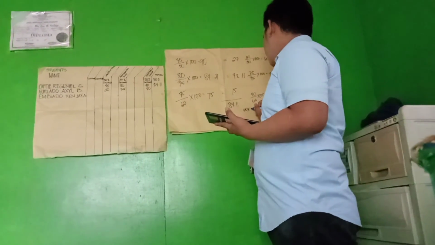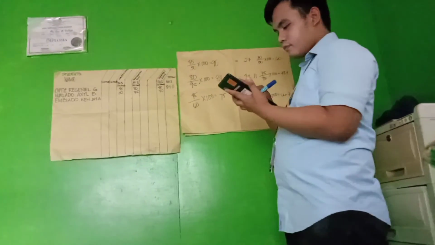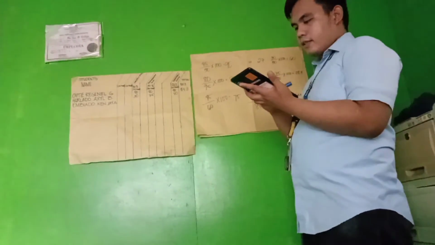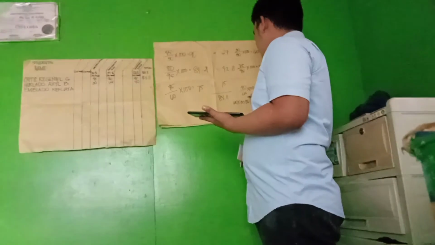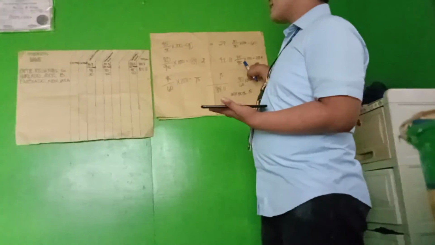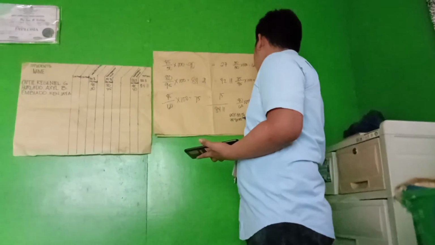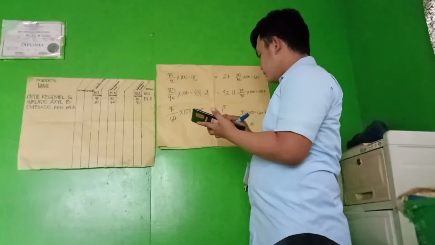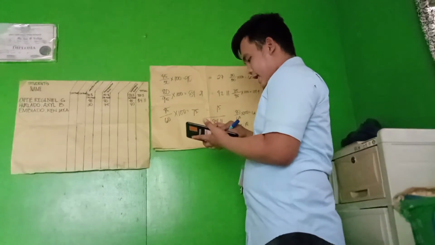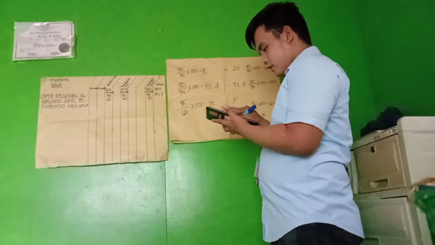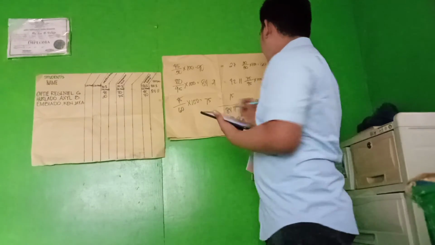60 multiplied by 30% is 18. Then his performance task, which is 50%: 78.9 multiplied by 50% is 39.45.